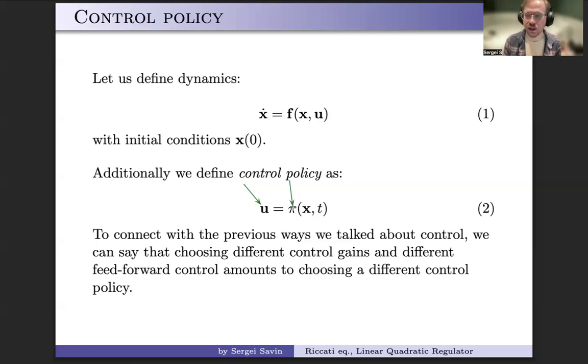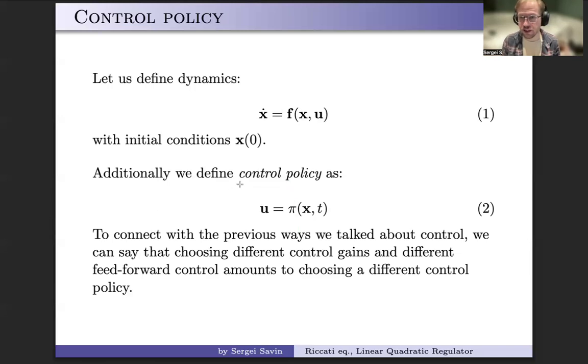You can choose it as something else, and it would determine all future control outputs, right? So the difference between those two is quite clear. If you are talking about u, you can talk about choosing a particular vector. If you are talking about pi, you are going to talk about choosing all future controls, your whole policy about how to produce controls, right?